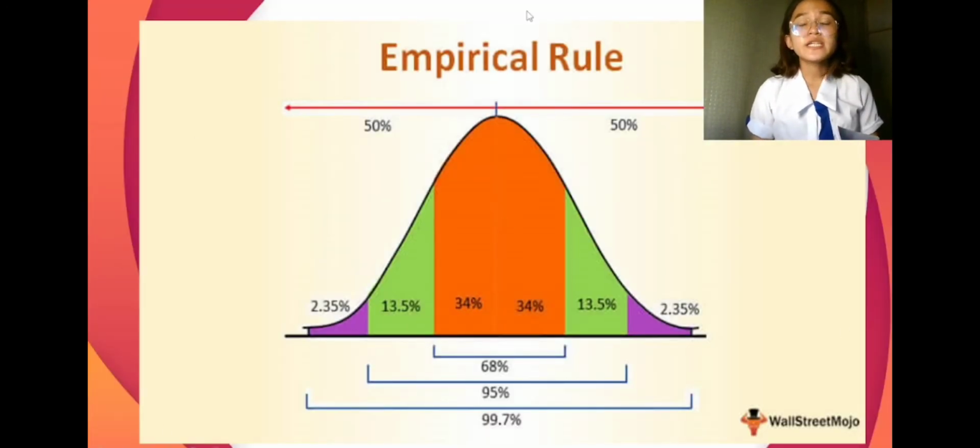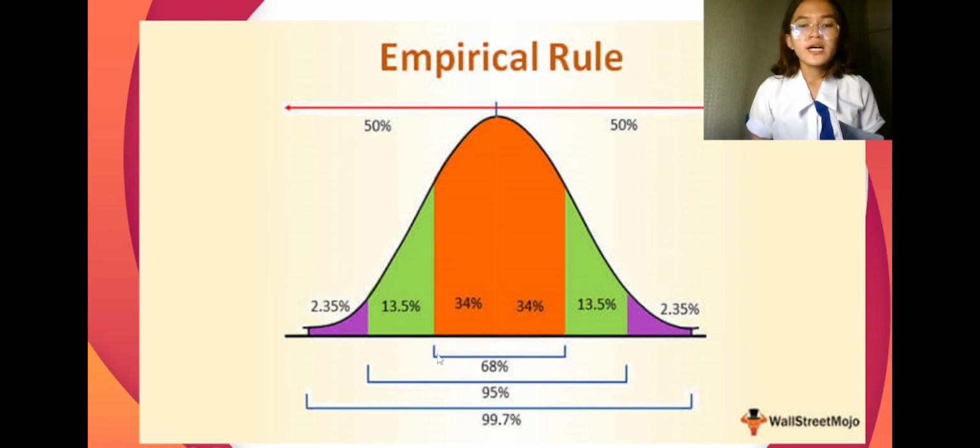So here is the overall illustration of our empirical rule. The left side is 50% and the right is 50%, overall 100%. So, what is this, class? First in here, this is our 68%, which is why this is 34% each, since we divide it into 2.